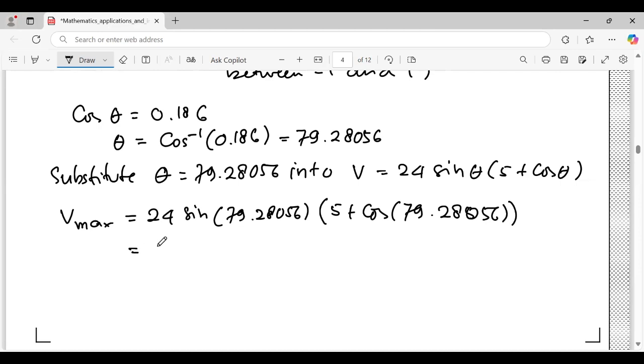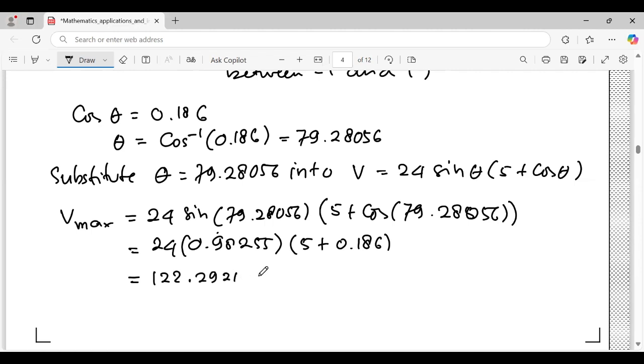And the result is 24 multiply 0.98255 multiply 5 plus 0.186, and the result is 122.2921, rounded off to 122.3.